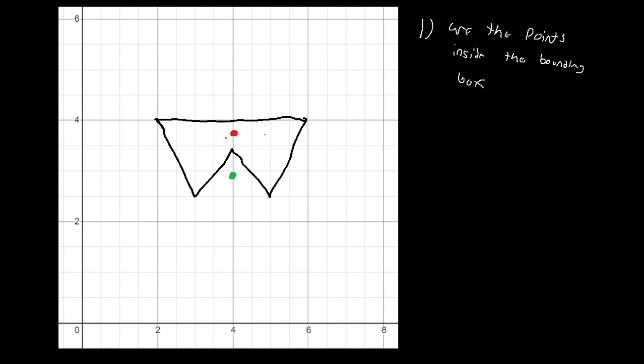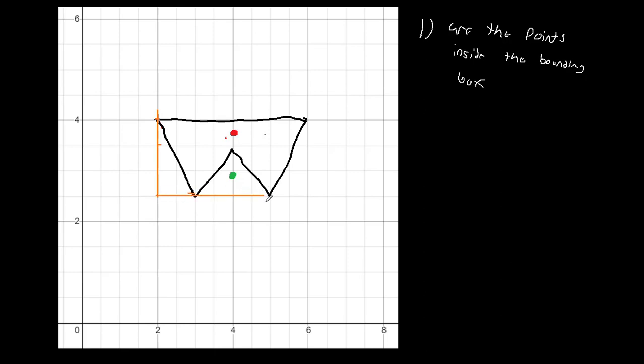So again, what is our bounding box? Well, we're going to find the lowest x coordinate, which is this right here, and we're going to draw a nice vertical line. This is our x min vertical line. We're going to find our lowest y coordinate, which in this case is this, and we're going to draw a horizontal line.